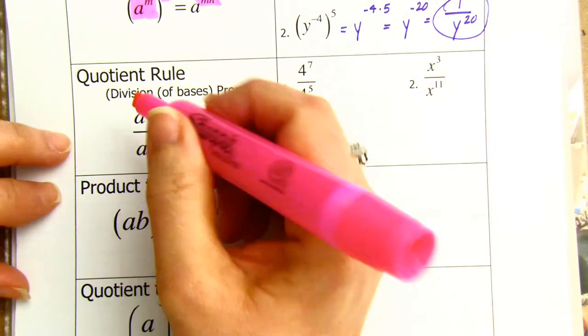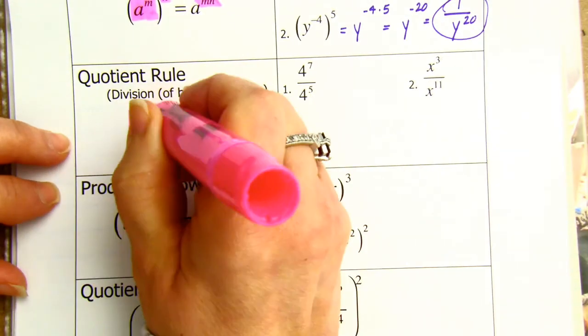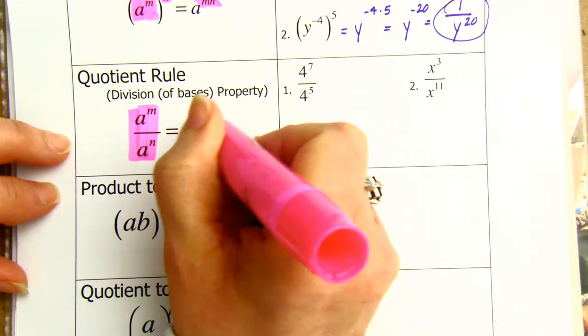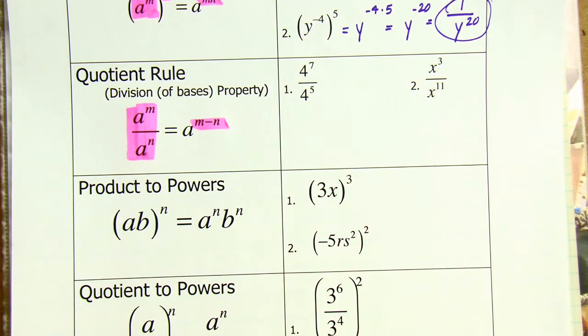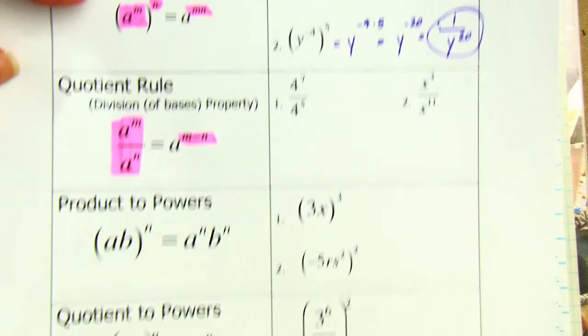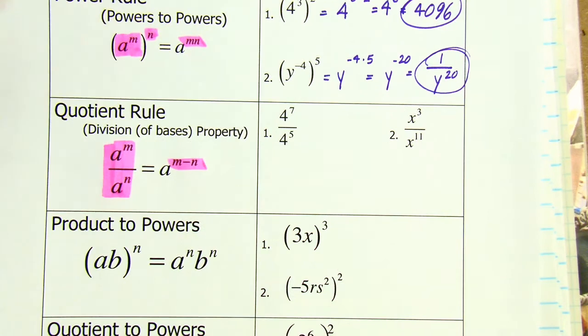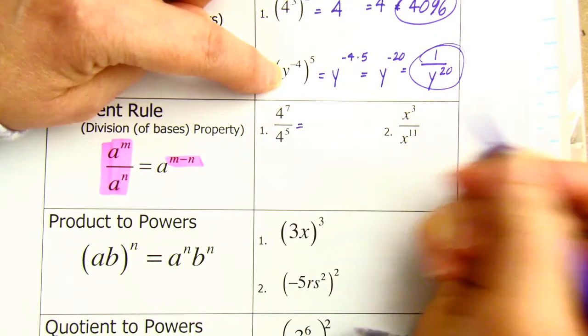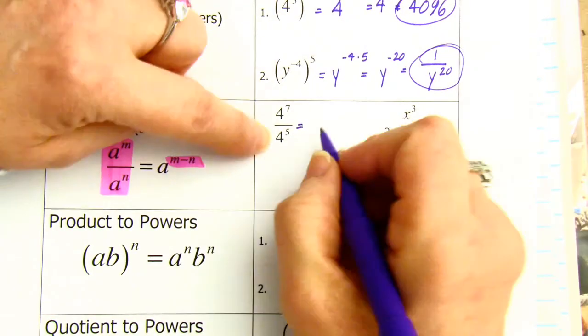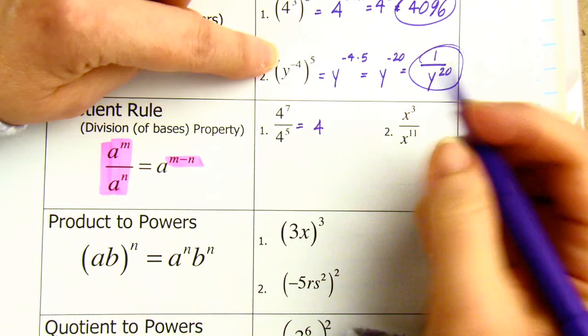Okay, so when you have same base again and you're dividing, that means you are going to then subtract those exponents. So in our first example for this part, bases are the same. So this becomes 4, and then you go top to bottom.